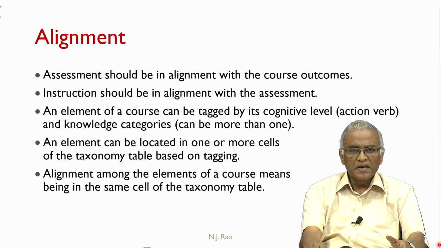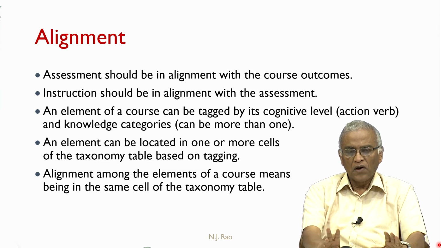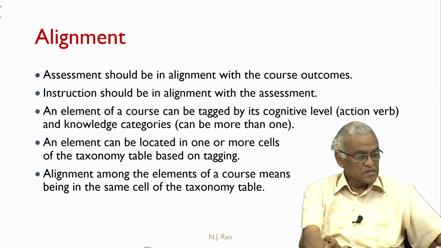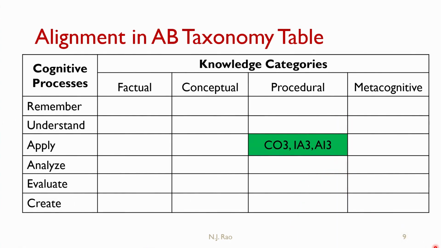It can be located in one or more cells of the taxonomy table based on how we have tagged it. So, alignment with regard to the taxonomy table, we define in terms of all the elements of a course being located in the same cell of the taxonomy table. That is what we mean by alignment. Let us take a look at this. For example, CO3 is a course outcome, the 3 is just a number.